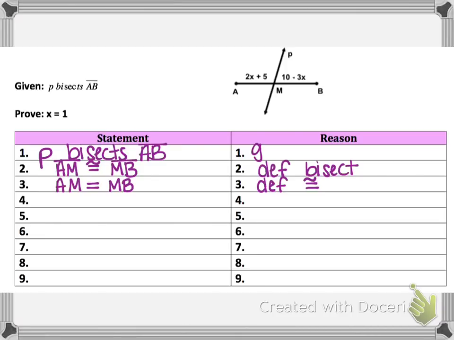Now I'd like to be able to shove some stuff into that equation. So I'll get some numbers associated. So I have AM equals 2x plus 5. And that was given to me in my diagram. And then it tells me that MB is equal to 10 minus 3x. And that was given to me in the diagram.